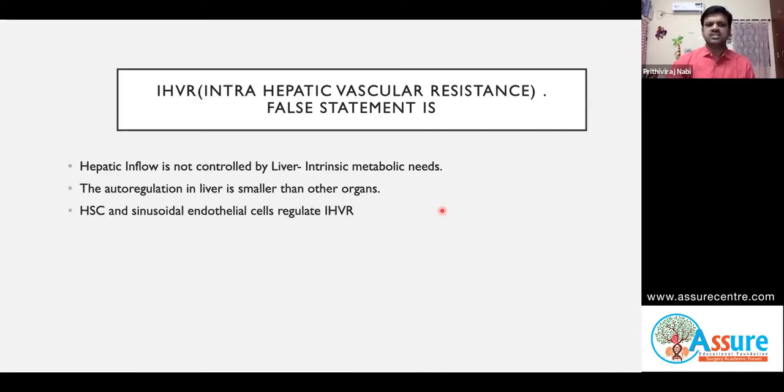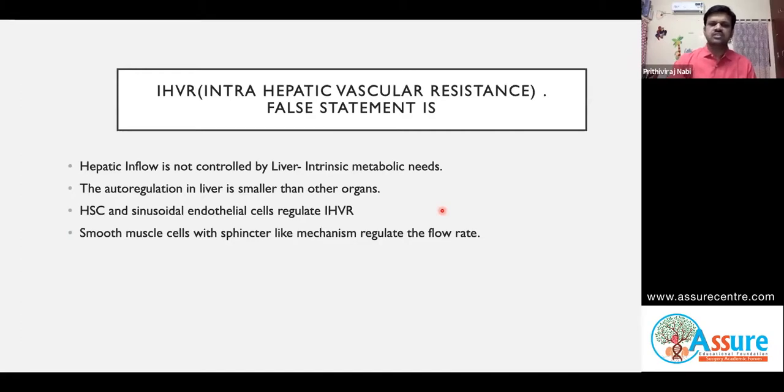The hepatic stellate cells and sinusoidal endothelial cells regulate intrahepatic vascular resistance. Smooth muscle cells with sphincter-like mechanism regulate the flow rate. You must have guessed from the previous discussion that the hepatic stellate cells and sinusoidal endothelial cells regulate the intrahepatic vascular resistance, so at least we know that one is correct from the previous slides.